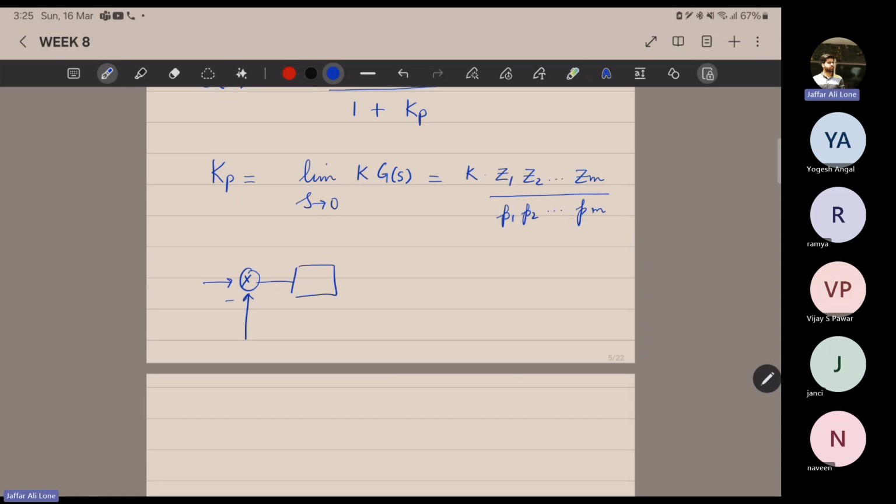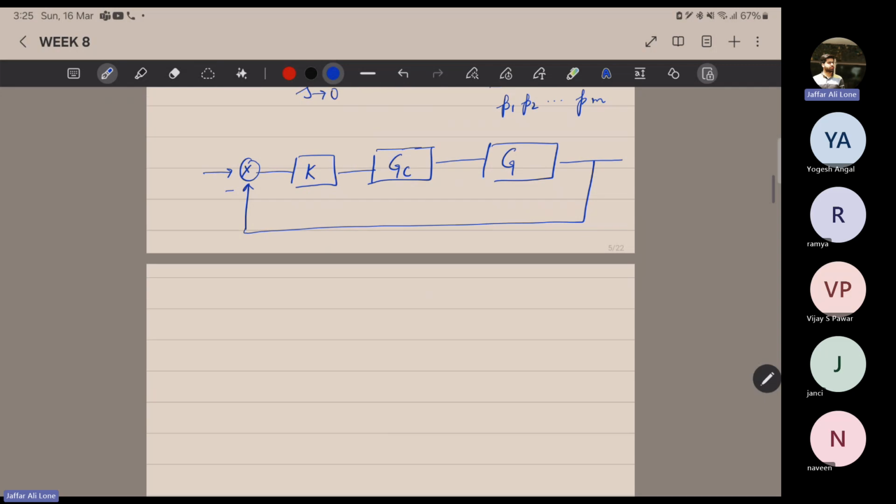We have K, then let's assume Gc, which is the transfer function of a lag compensator, and G. The transfer function of the lag compensator is given by Kc (s + Zc) divided by (s + Pc).